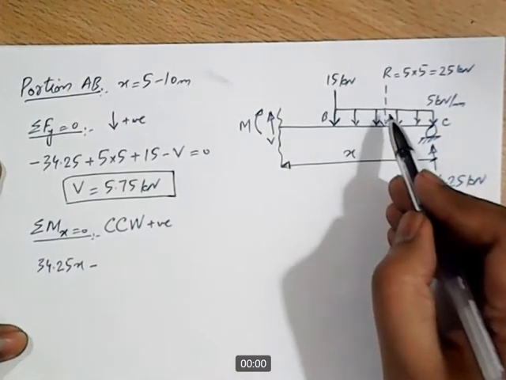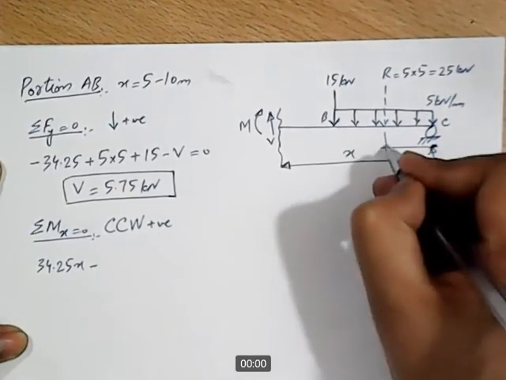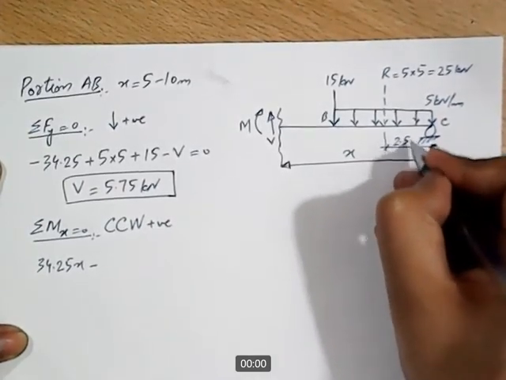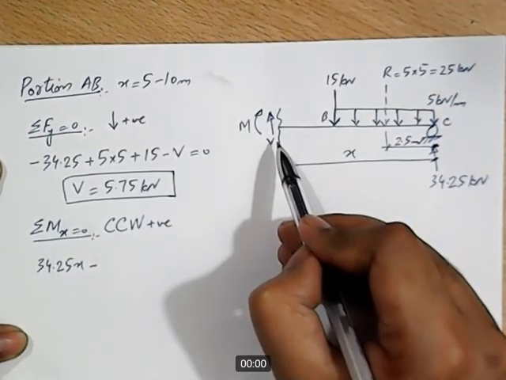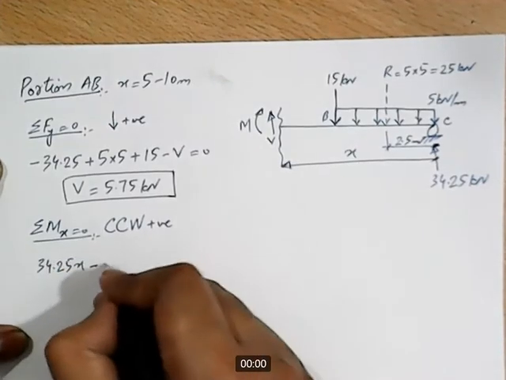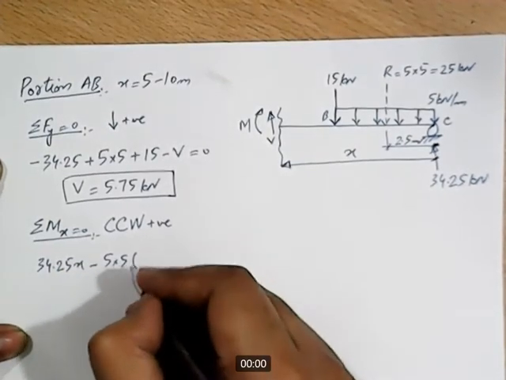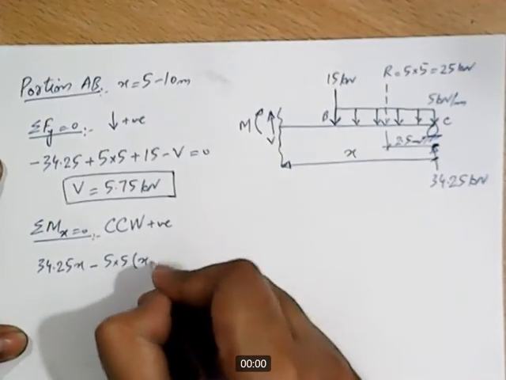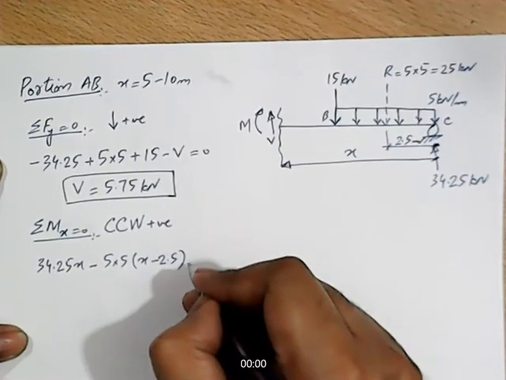The portion present on the right side of the resultant is 2.5 meters. So the distance between this resultant and the section is x minus 2.5. So minus 5 into 5 is the magnitude of the resultant, and x minus 2.5 is the perpendicular distance between the resultant and the section.